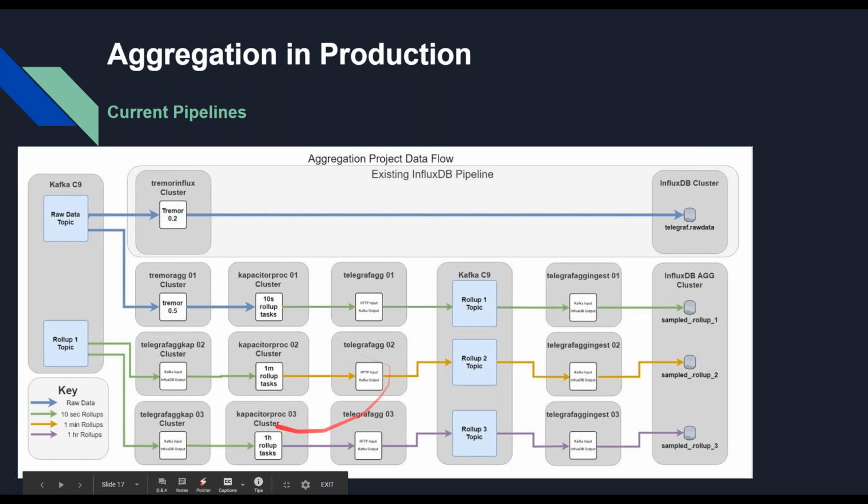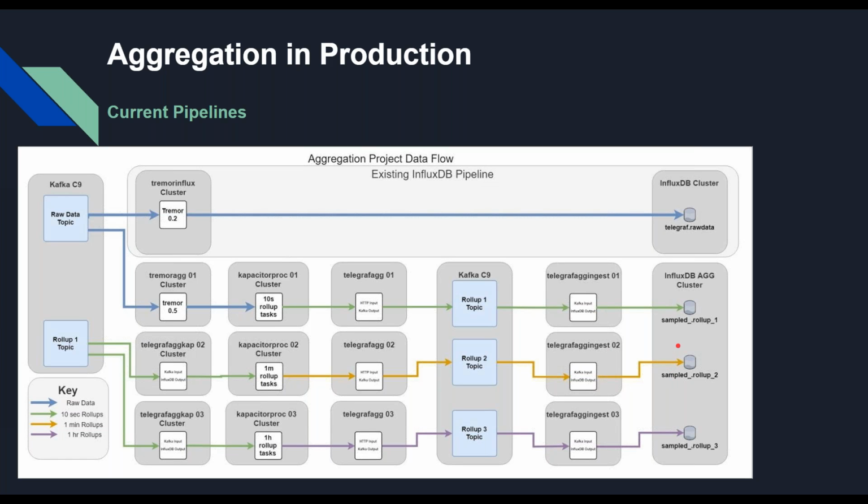Strictly speaking, we could have tried to have these Kapacitors writing directly to Influx, but the other problem we'd seen there is that Kapacitor is sending out all these series and points as individual write requests. With the number of measurements and points that we're creating, that's something we really wanted to batch when writing to the Influx storage cluster itself, making fewer API calls.